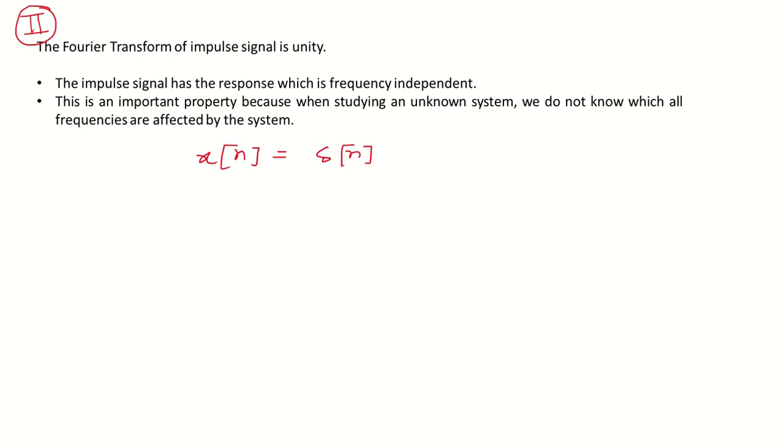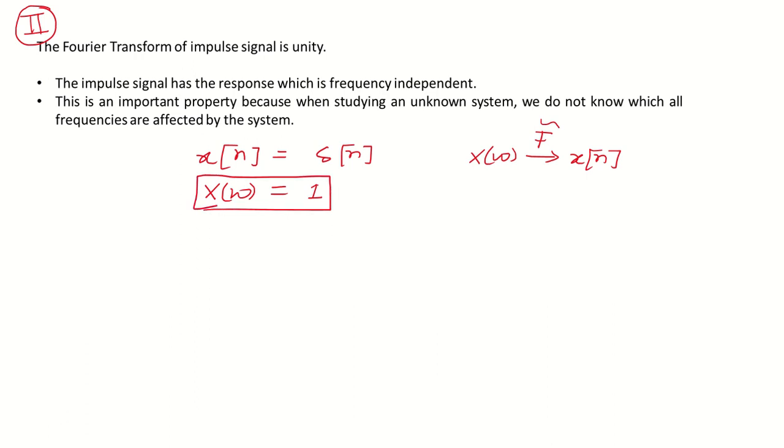If we want to convert this signal into the frequency domain, we will calculate the Fourier transform. So if X of omega is the Fourier transform of x of n, then X of omega, this del n, is always unity. It is frequency independent, so there is no dependency of frequency on this signal.